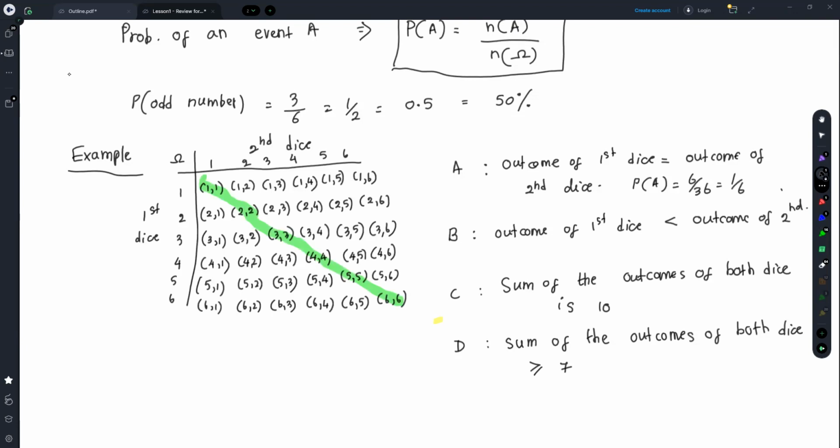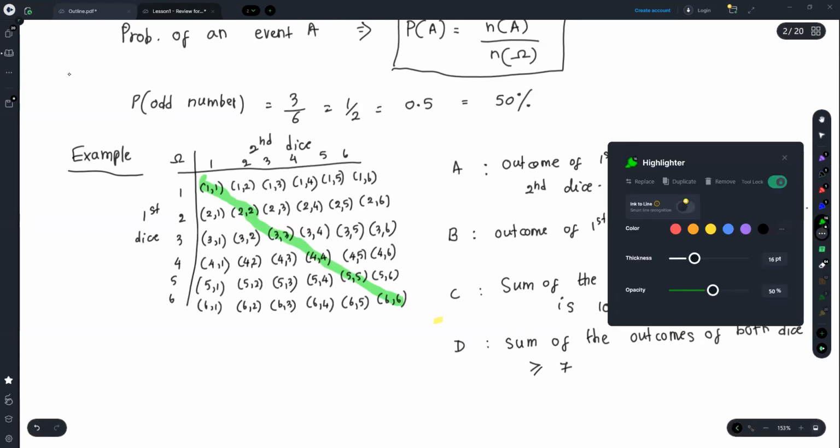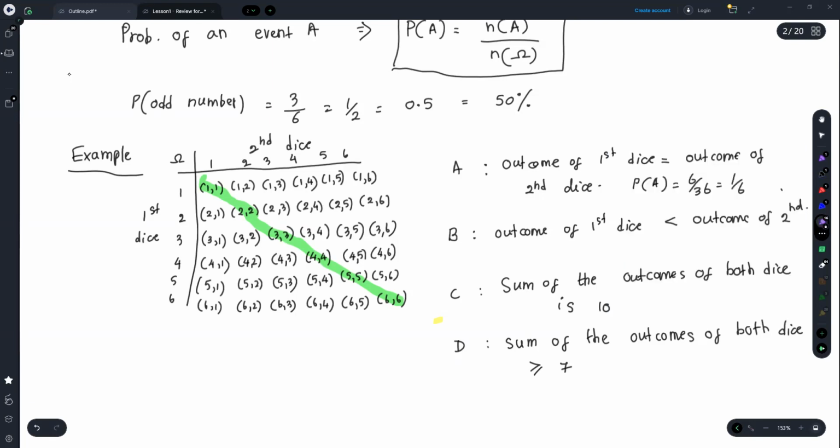What about the next one, B? The outcome of the first dice should be less than the outcome of the second dice. 15/36. Is that correct? 15/36, yeah.